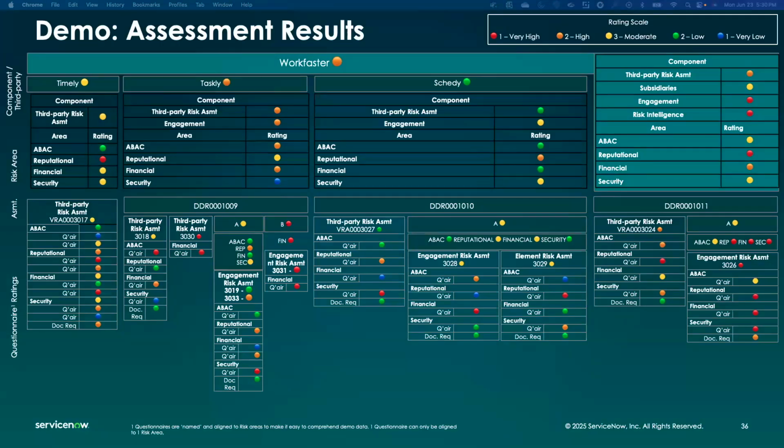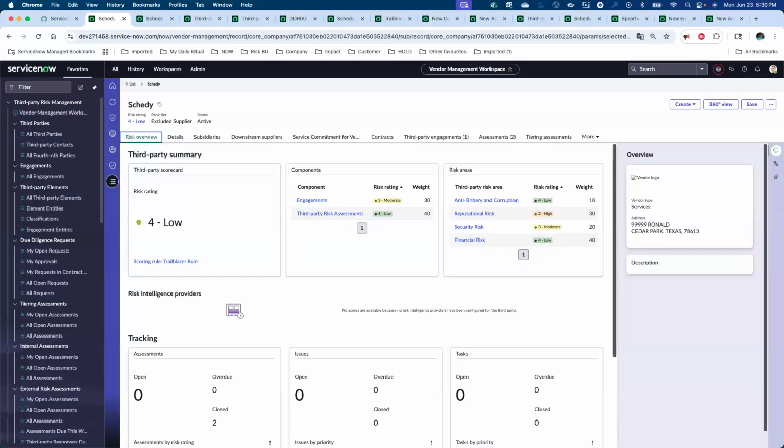There's nothing new that we are going to learn from the perspective of how Timely and Taskly were computed, but it's just a different dimension that we're introducing. So going back to Skedi, to start with, these are the components, engagements, and third-party risk assessments.